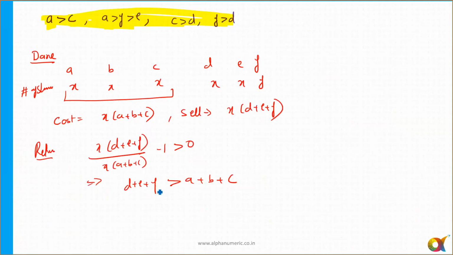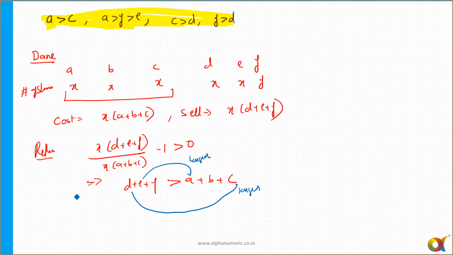Okay. Now tell me, Aman. Among D and C, which is larger? Among D and C, C is the larger. Okay. C is the larger. Among E and A, A is the larger. Okay. So in this inequality, two of the largest values are on the right hand side.